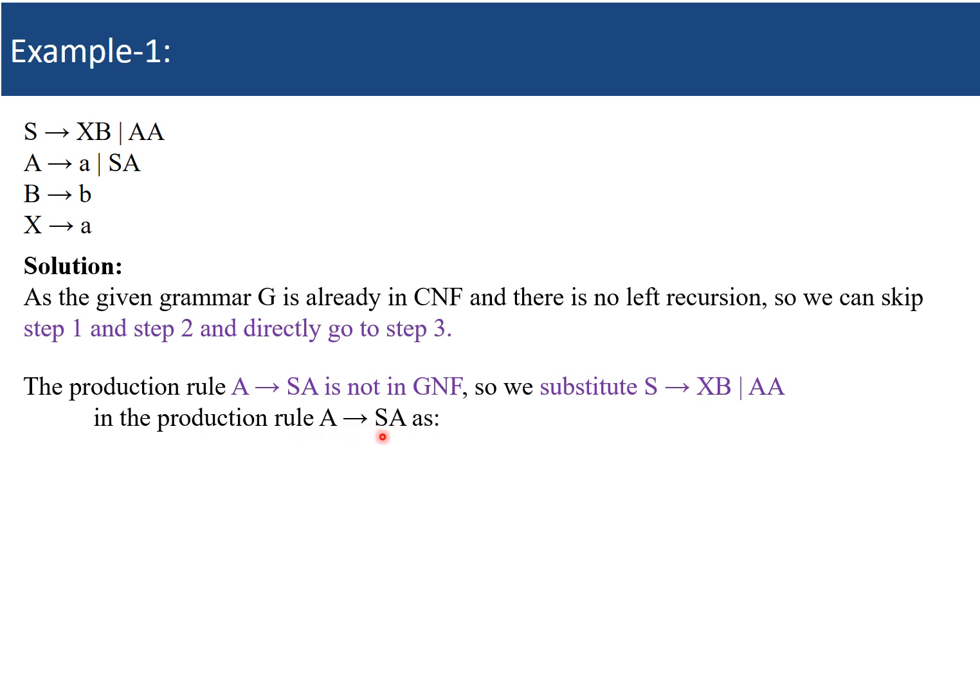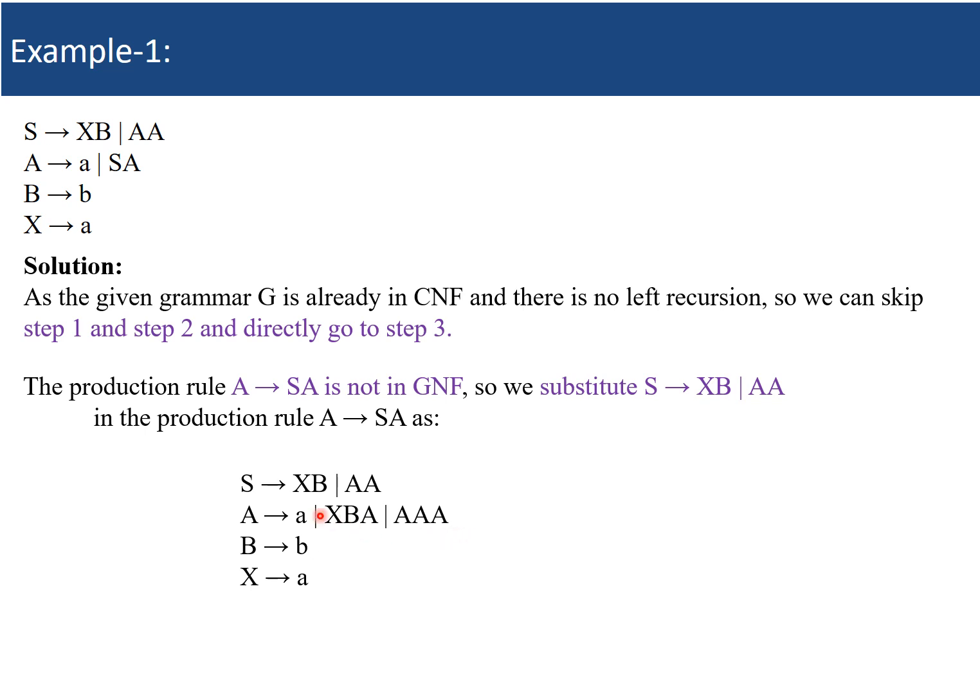After substituting the S production in A, S gives XB or AA is retained as usual, and in A gives XBA or AA, S is replaced by this production. Then look at the grammar.